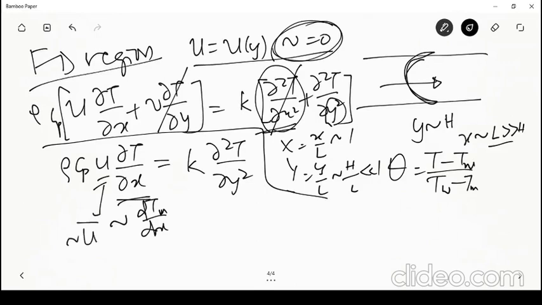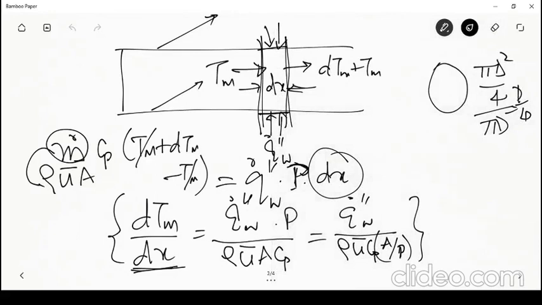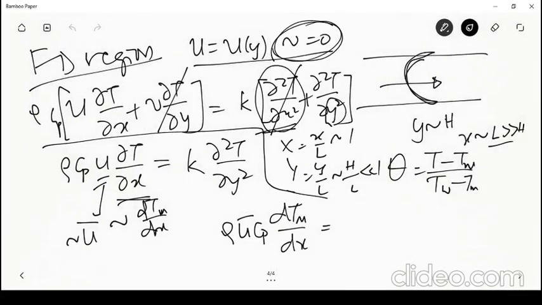So what will happen to the left hand side? Then you can also say that this u is of the order of u bar. So the order of magnitude of the left hand side, we'll write ρ u bar Cp into dTm/dx, and this can be simplified further. For dTm/dx, you substitute the expression that we had already derived. So the ρ u bar Cp would get cancelled between the numerator and denominator, and you will get the remainder.